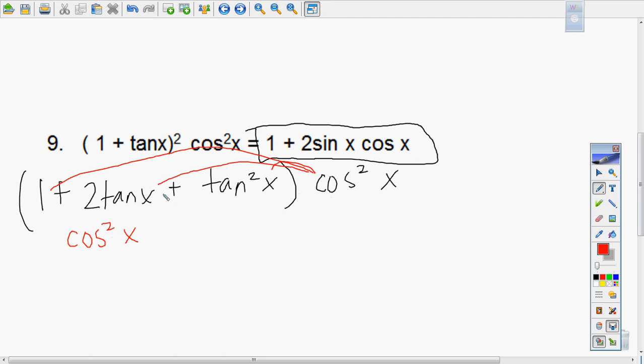Cosine squared times 2 tan x is 2 tan x times cosine squared x, plus tan squared x times cosine squared x.